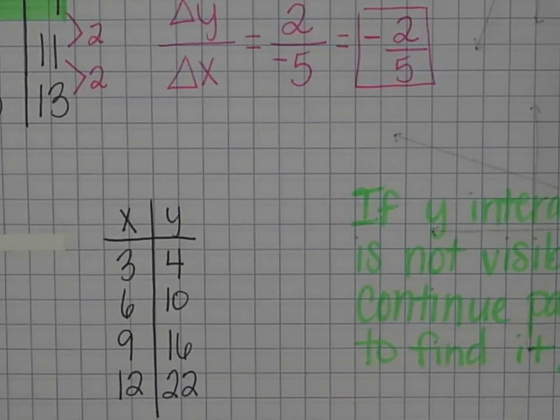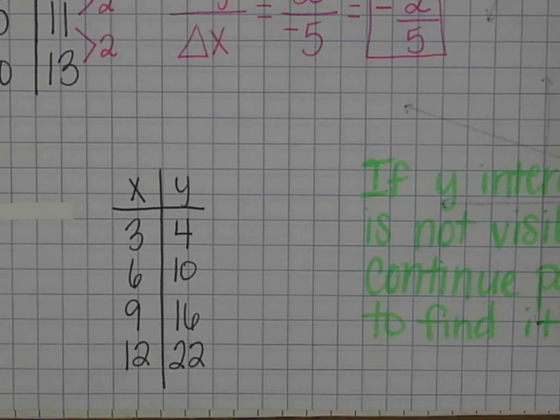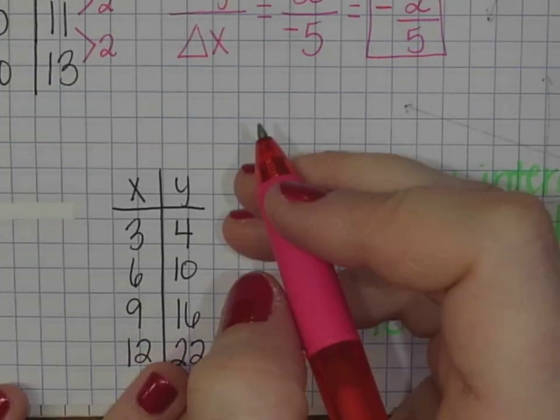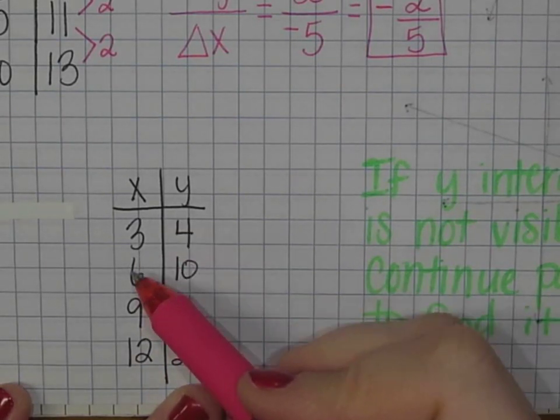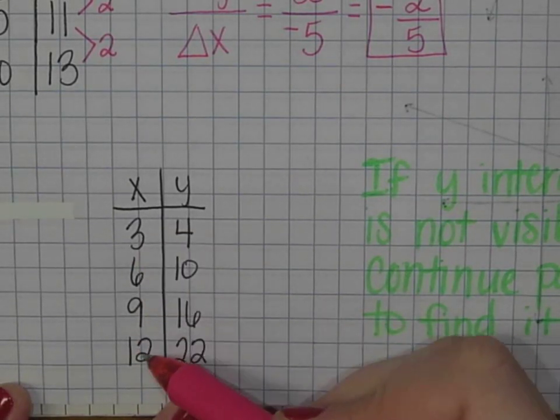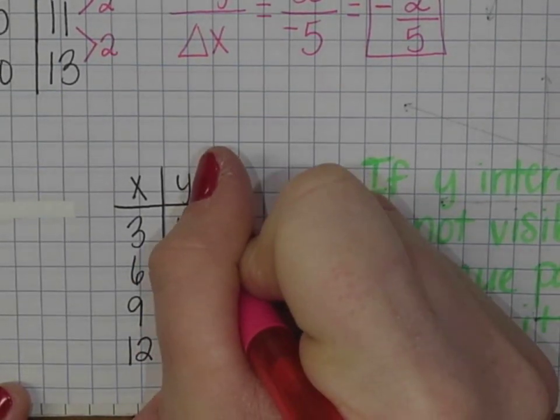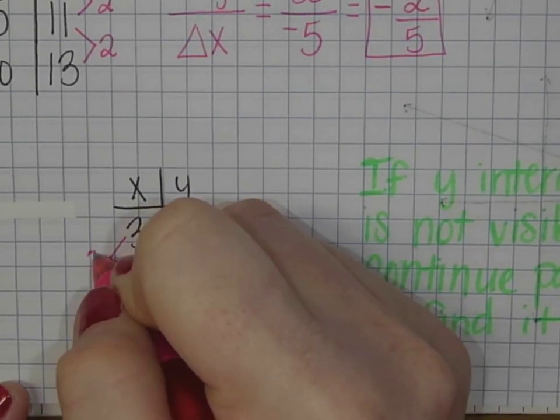So if we look at this table, we should probably find the slope first just so that we can find the pattern. Notice it's 3, 6, 9, 12. So we know that this side is changing by 3.